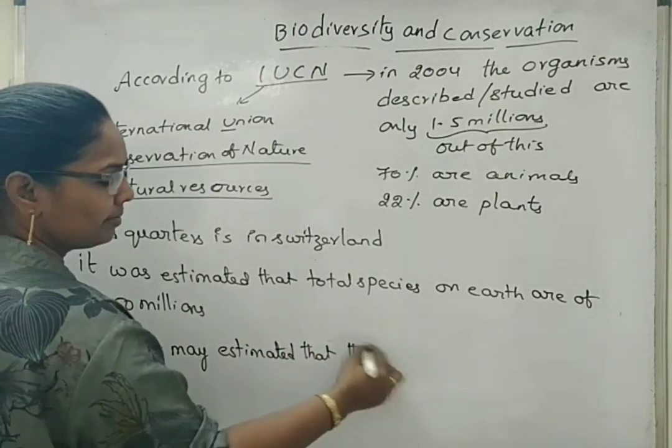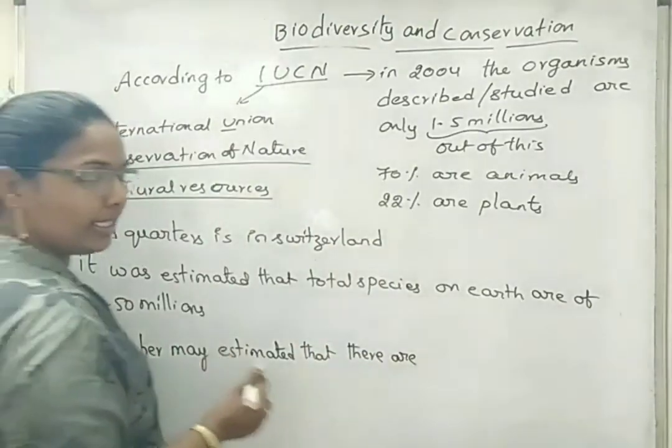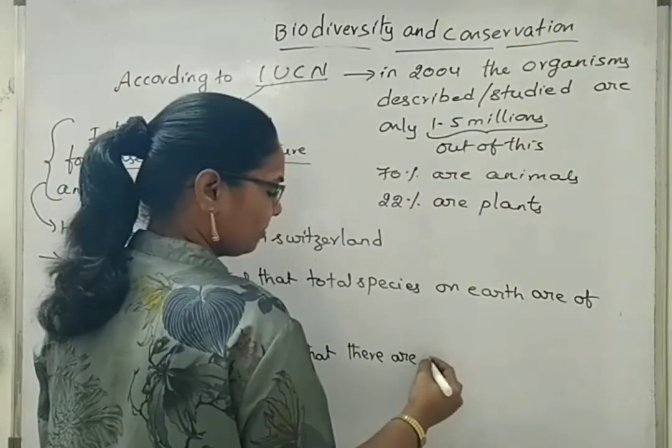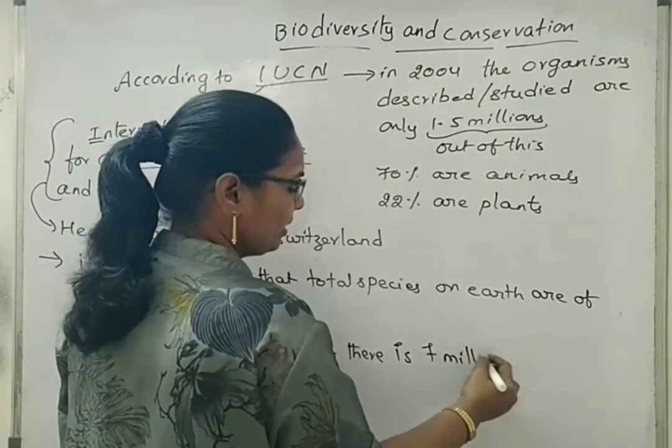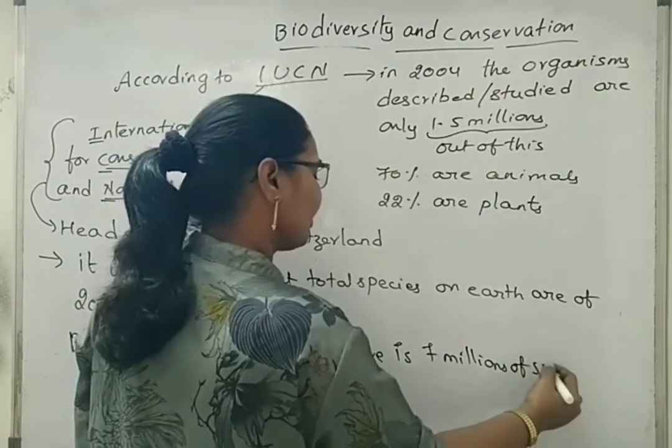There are 7 million species of diversity.